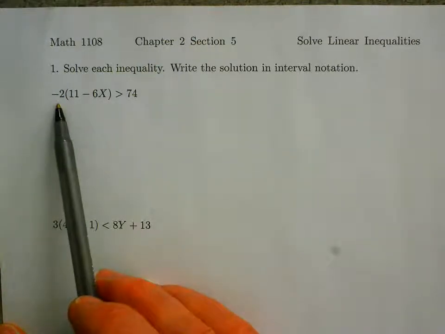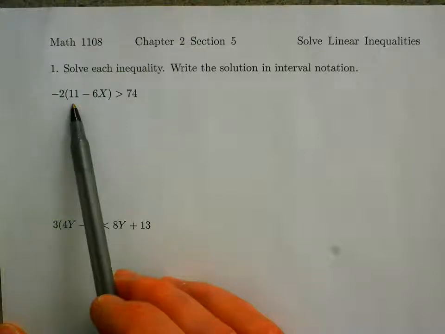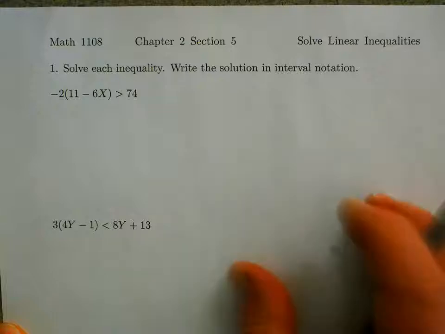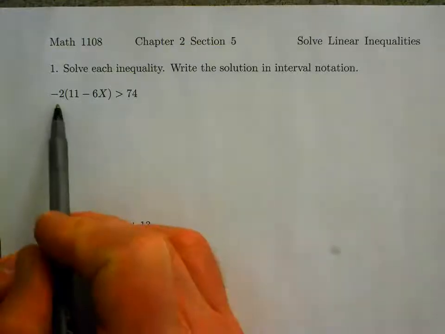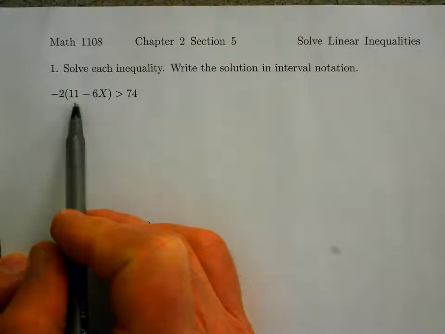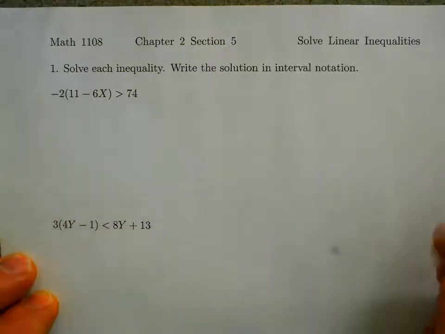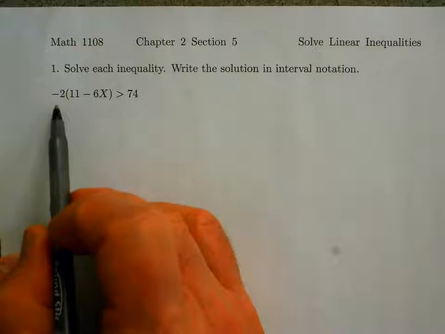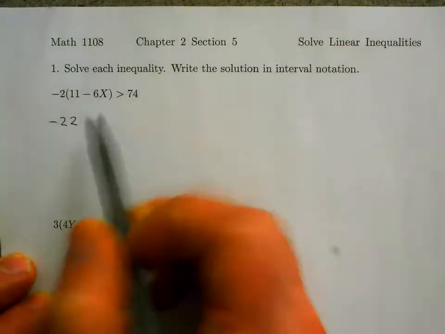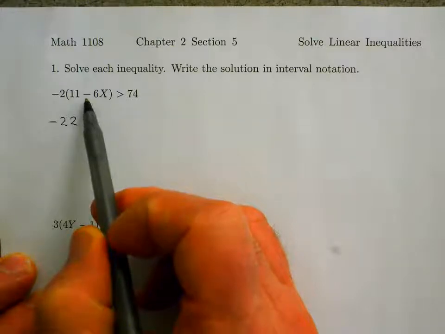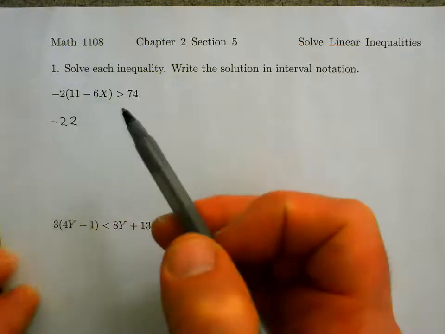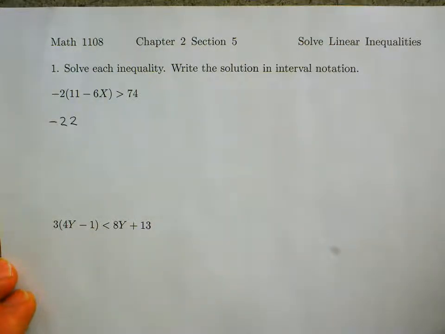So we have -2 times the quantity 11 minus 6x is greater than 74. So first, we'll go ahead and multiply -2 times the quantity 11 minus 6x on the left-hand side. So -2 times 11 is -22. And then we're going to subtract -2 times 6x. So we're going to subtract a negative.